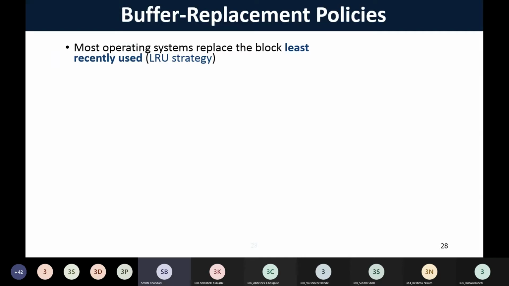Therefore, if a block must be replaced, then the least recently referenced block is replaced. Because the assumption is whichever block is most recently referenced might be referenced again. And hence the operating systems with this assumption make use of the strategy known as least recently used strategy for block replacement.